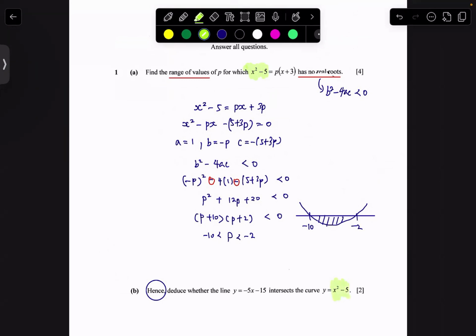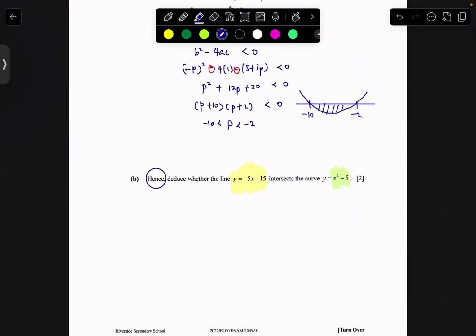So we need to build a link with y equals negative 5x minus 15 and the px plus 3. Some of you might have already seen it: y equals negative 5x minus 15 can be rewritten as negative 5x plus 3.